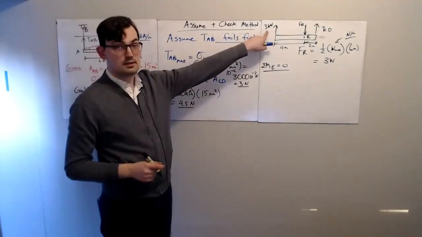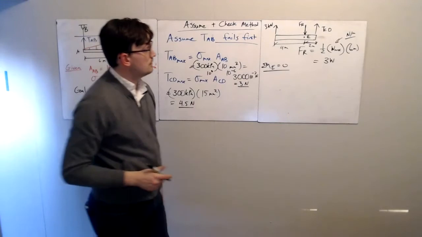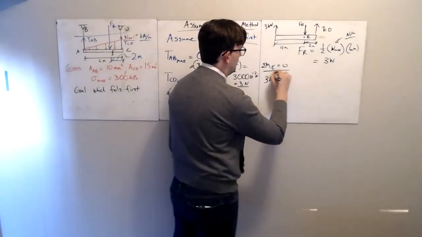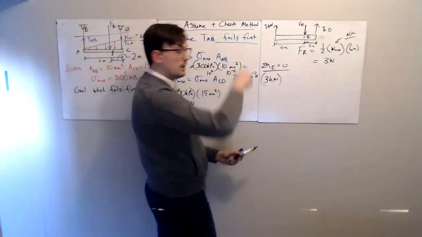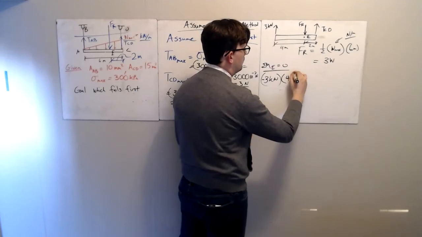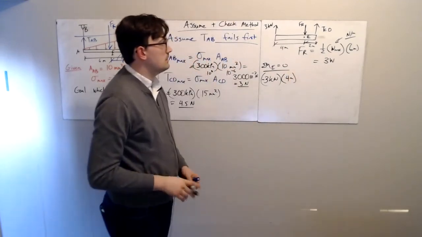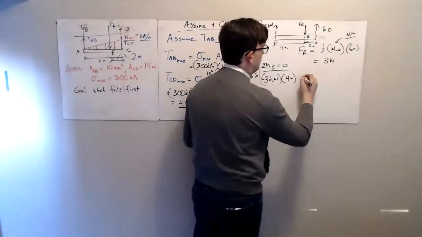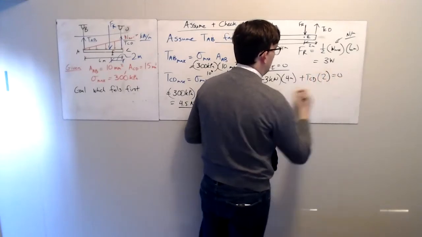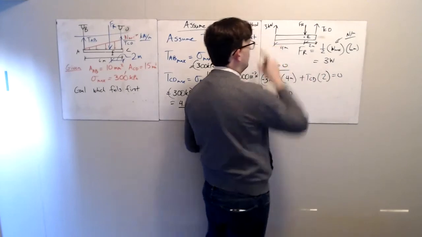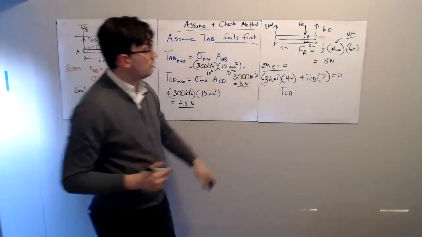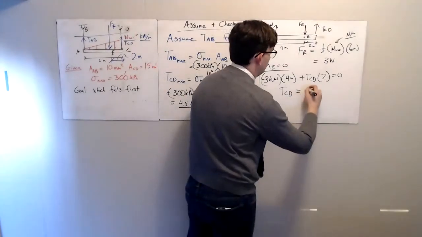If we assume that this is at its max and it's failing first, well, we take that, it's going to be 3 kilonewtons times its lever arm, that's going to be negative, times its lever arm, which is 4 meters. And then we got TCD, that's going to be positive, times its lever arm of 2. And that would mean, in this case, if our TAB was actually at failure, TCD would have to be 12.